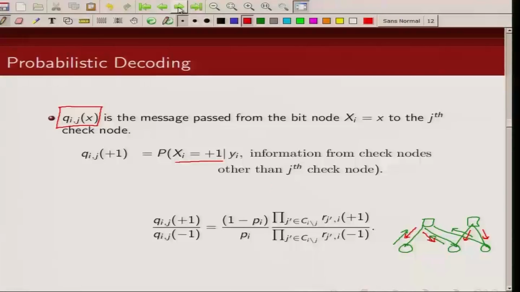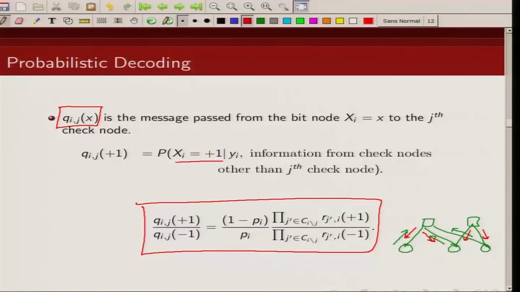So, what is happening is that when you are decoding, because each bit participates in multiple parity check equations, you are getting some independent information from other parity check nodes, and you want to pass that information and spread it around in this network, and this probability is given by this expression.